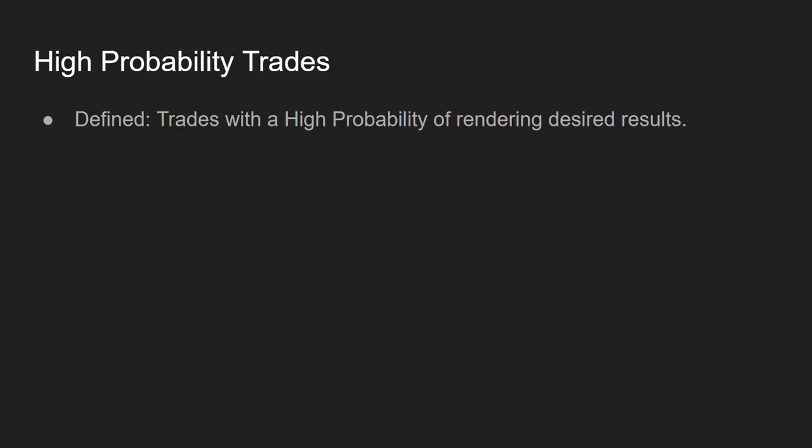Now, nothing in life is 100% guaranteed, but there are things that have a high probability of taking place. So what we want to do is have the confluence necessary, the setups necessary, the formula needed in order for us to take specific trades that will allow us to have a high probability of winning.